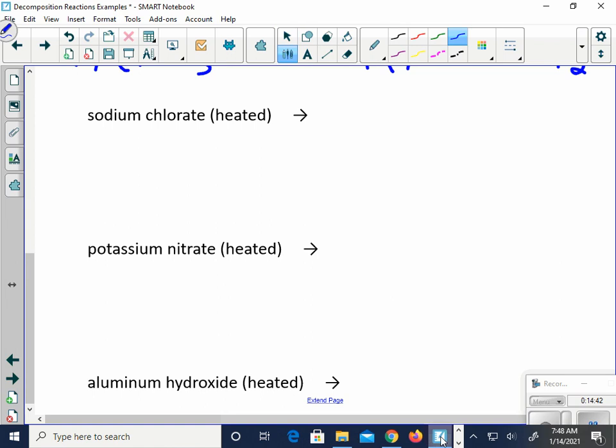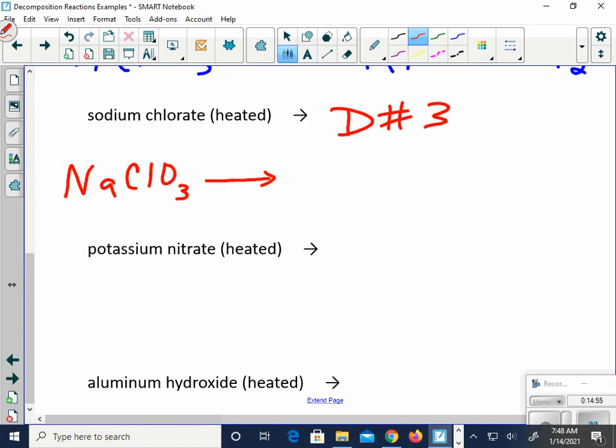So I have decomposition number 3, sodium chlorate. When it's heated, it's going to give me a metal chloride and oxygen.